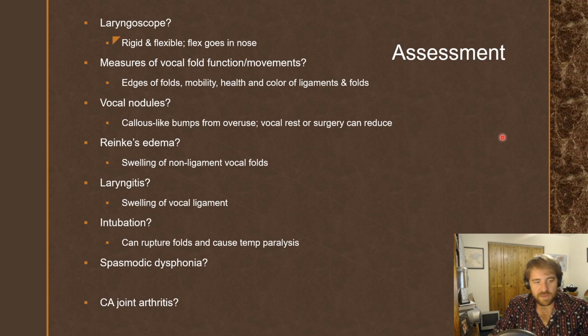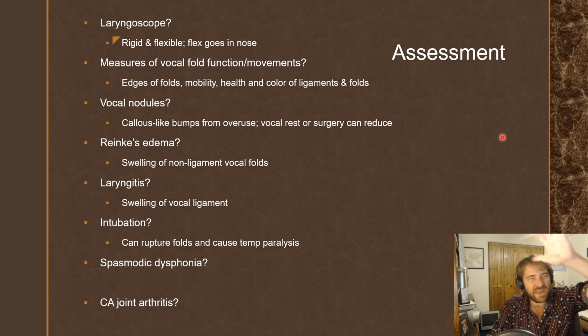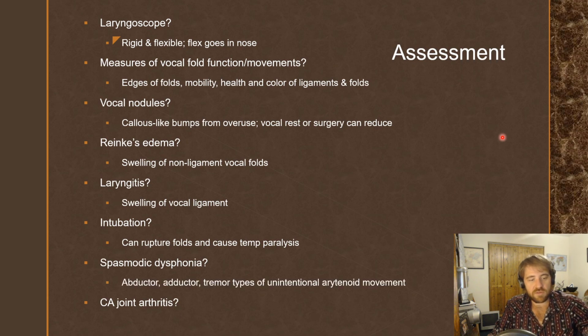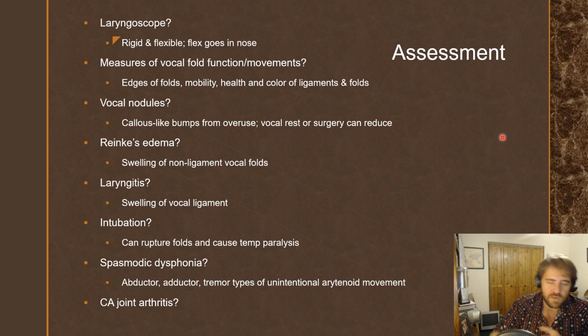What about spasmodic dysphonia? I kind of gave that away also. What types of spasmodic dysphonia are there? Well, there's abductor, adductor, and tremor. And they're just unintentional movements of the arytenoid cartilages. So by that, I mean they're unintentional spasms of the muscles.